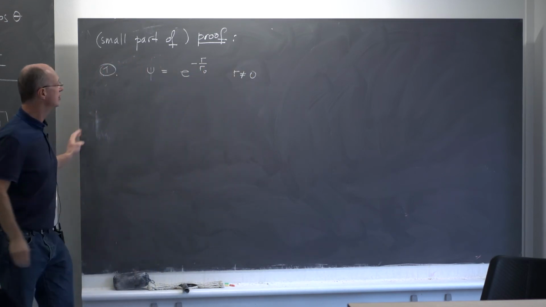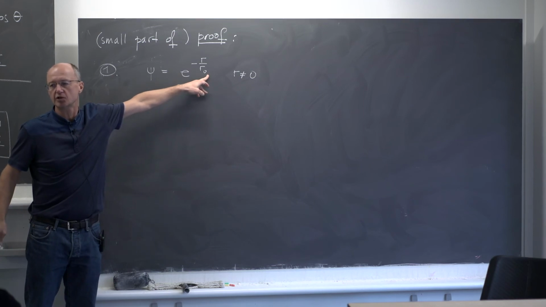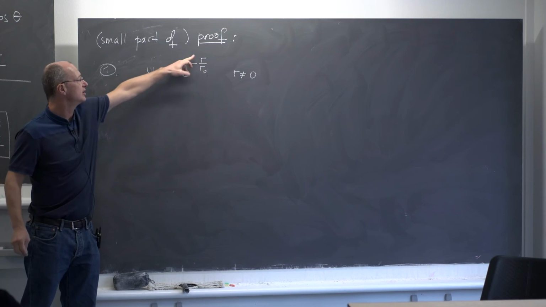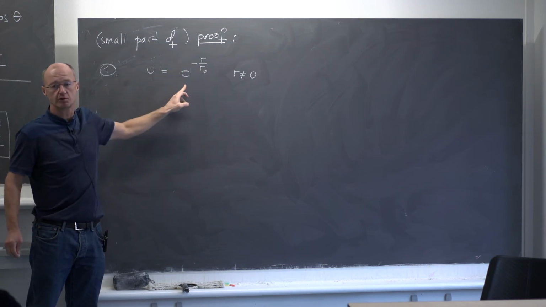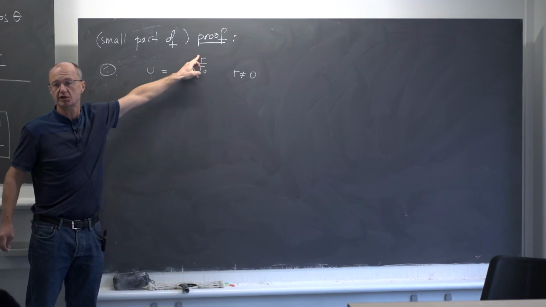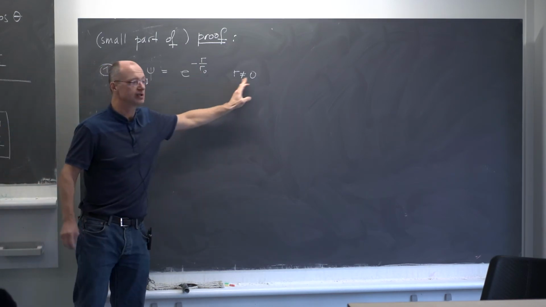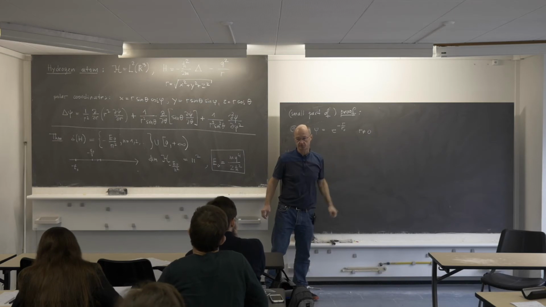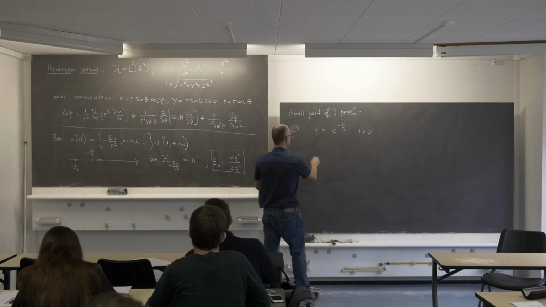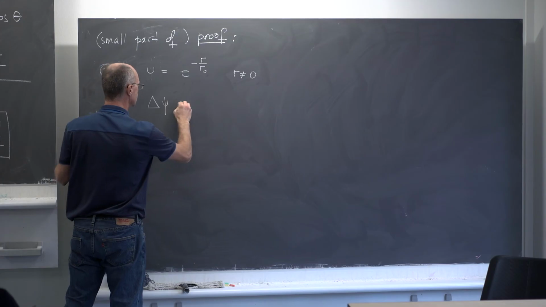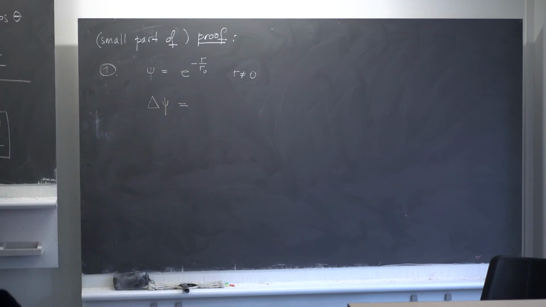So for some, at the moment, unknown R0, let me consider the exponentially falling functions, which only have a dependence on the radius, exponential minus r over R0, and I consider them outside r equals 0. So then let's compute the Laplacian of such a function.